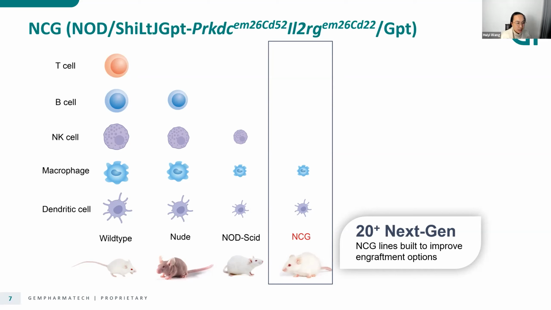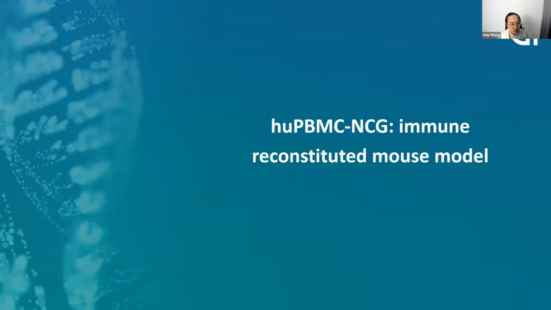It has an absence of T cells, B cells, and NK cells, and has deficient macrophages and dendritic cells, which means it's an ideal model to engraft human immune cells. We have developed 20-plus next-generation NCG mouse models to improve the engraftment options.